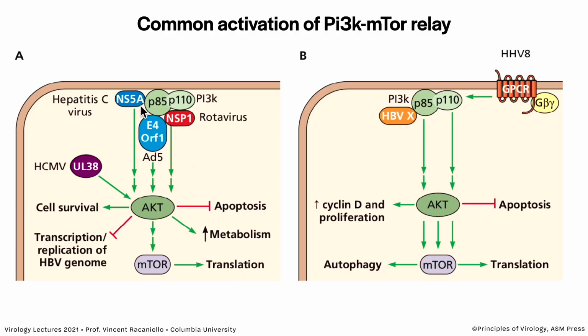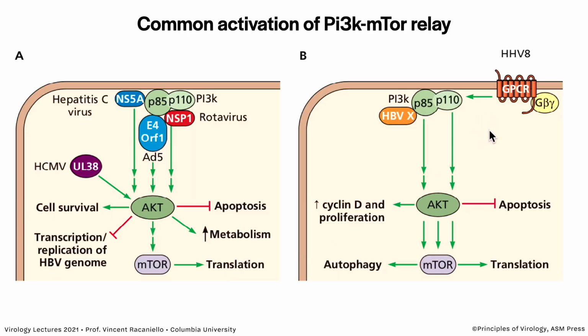And here we have a number of viral proteins, different viruses, hepatitis C virus, a rotavirus protein, an adenovirus protein, all binding PI3K and stimulating phosphorylation of AKT. And the human cytomegalovirus protein stimulates AKT directly. And that blocks apoptosis, so the cell stays alive, increases the cellular metabolism, and it activates mTOR, which increases translation, and that's good for the virus in the end.